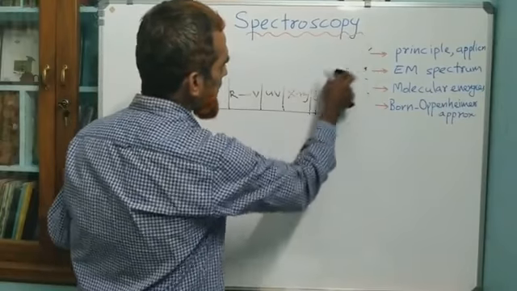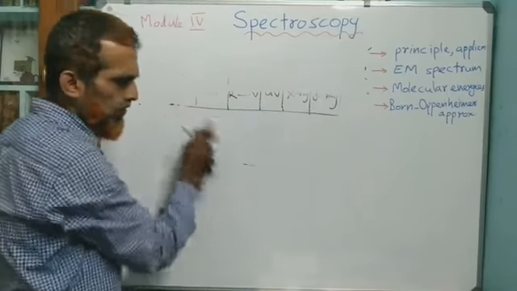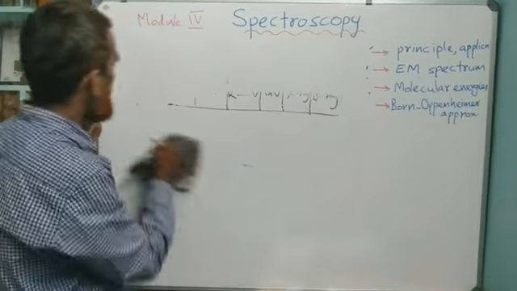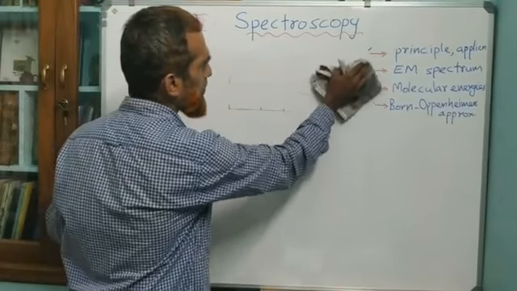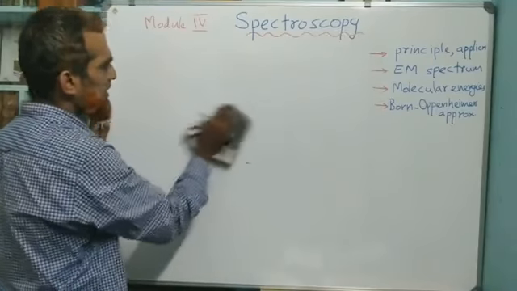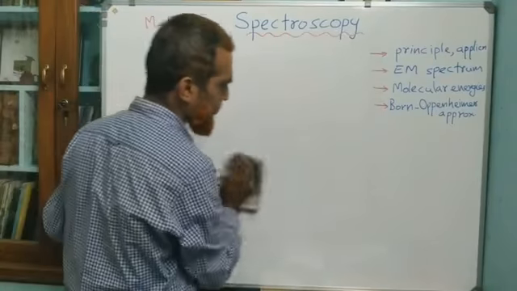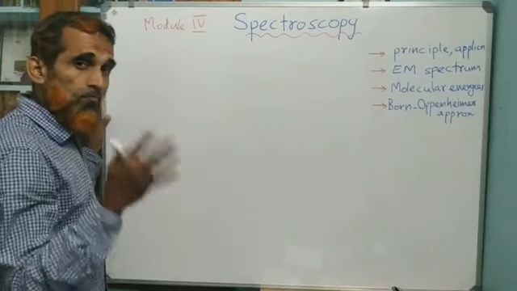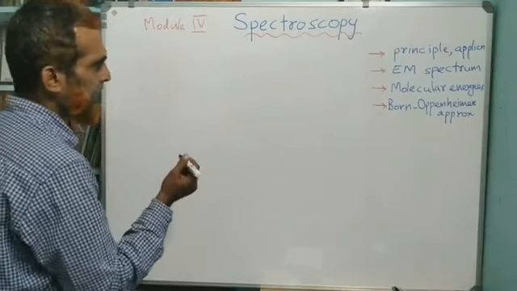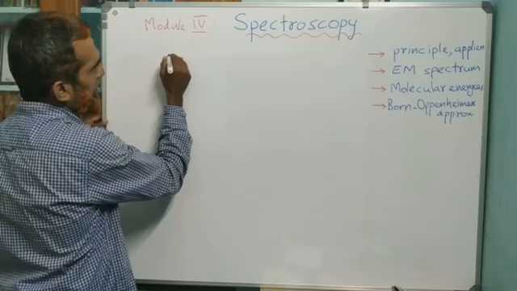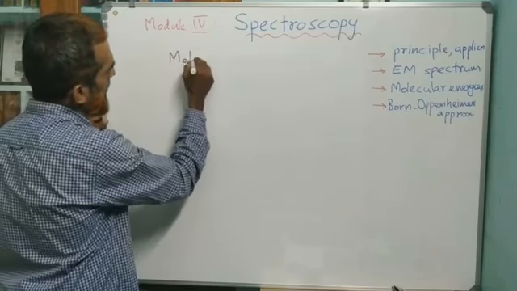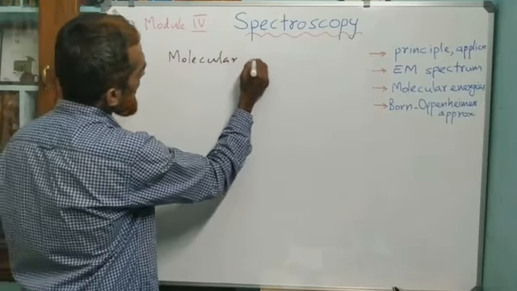And finally, what about the energy of a molecule? What are the different types of energy possessed by a molecule? I told you about that. For example, in the case of carbon dioxide, I told you carbon dioxide molecule can have 4 different types of energy. So energy of molecule or molecular energy, we'll discuss that now. Molecular energies.